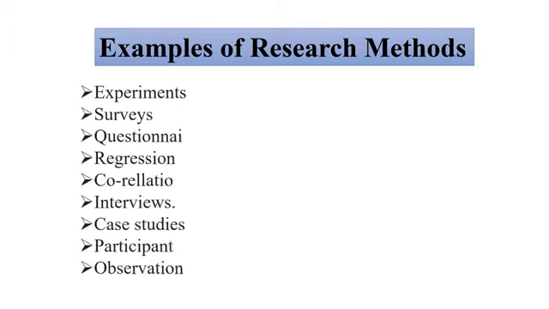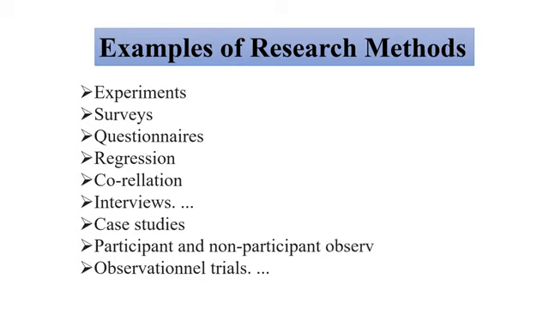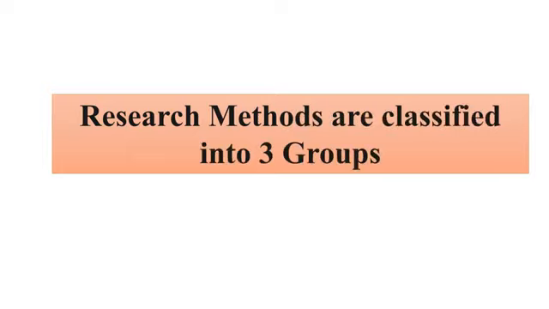Examples of research methods: experiments, surveys, questionnaires, regression, correlation, interviews, case studies, observational trials, etc. These are all examples of research methods, because through these different methods, the researcher will try to solve the research problem. Research methods are basically classified into three groups.